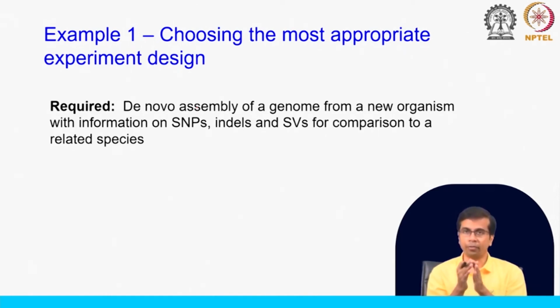So, we want to do the genome sequencing, and we also accurately want to determine these differences compared to a related species. Okay. So, here the assembly problem is there, but we also want to add this mutation detection problem. So, you need long read sequencing. So, what would be the solution here?